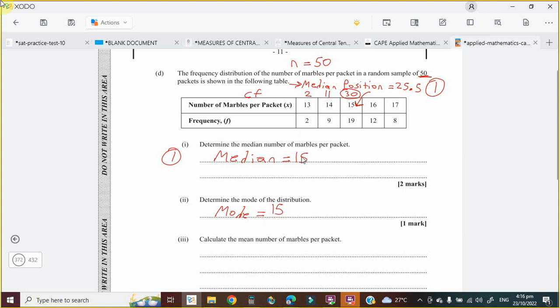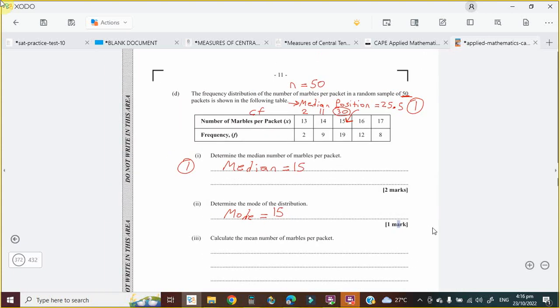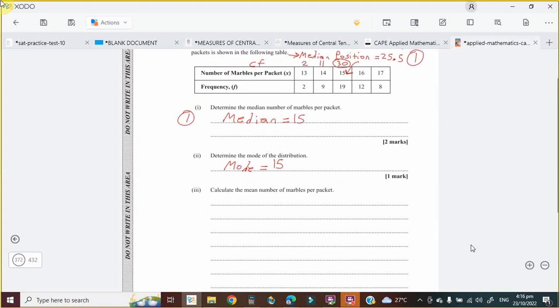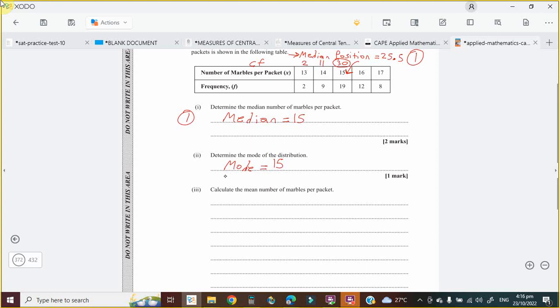Now, it says calculate the mean. Tristan, how are we going to find the mean?